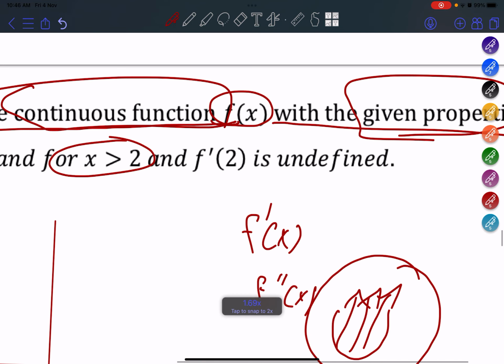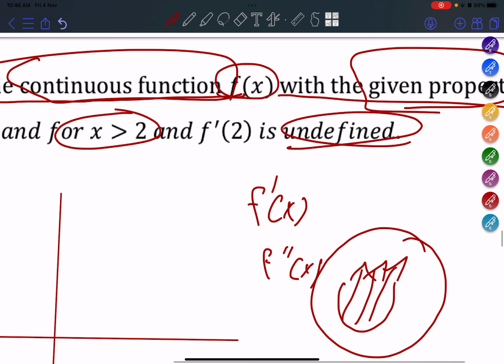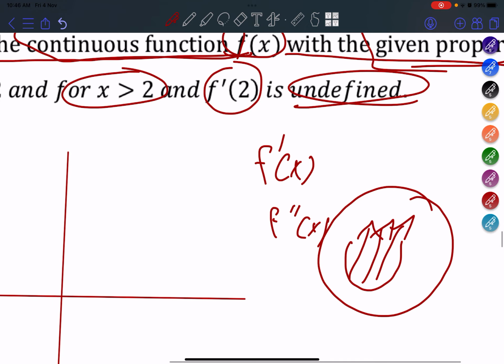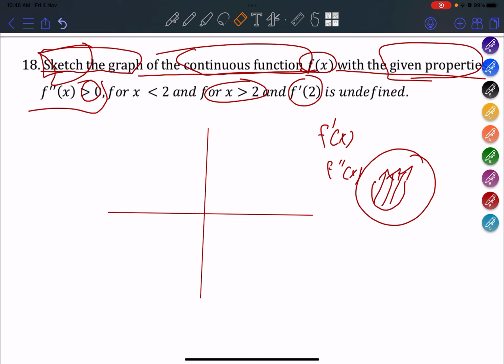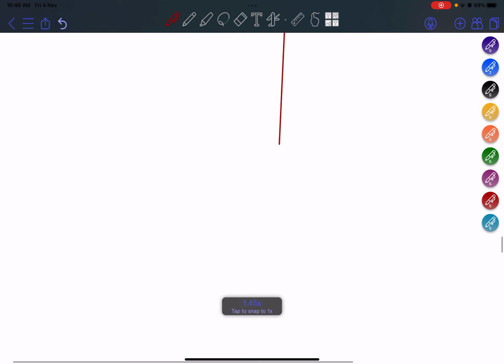And here they gave us another rule, which was they want the graph to be undefined at the point f of 2, okay? So how do we do this? Well, saying undefined is another way of saying non-differentiable, okay? And we've revised the differentiability rules, which are actually two rules.